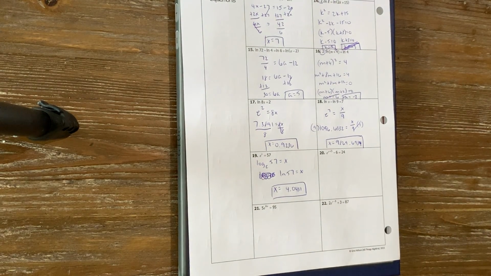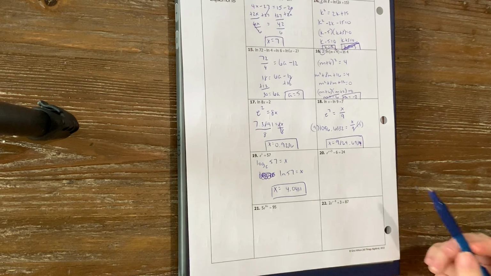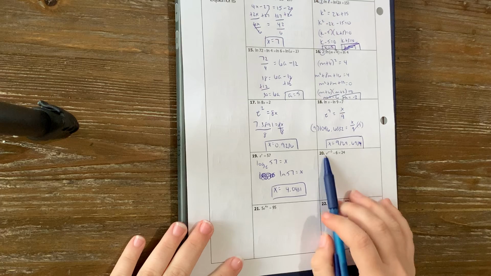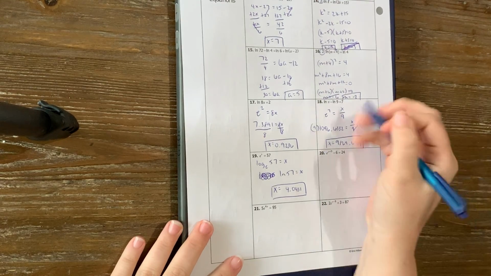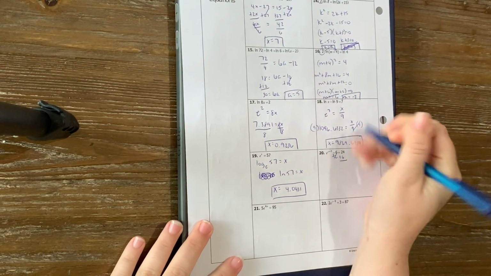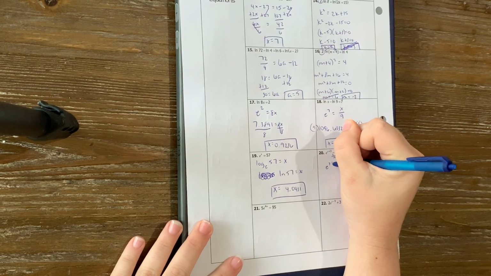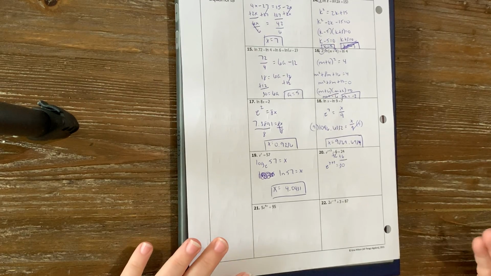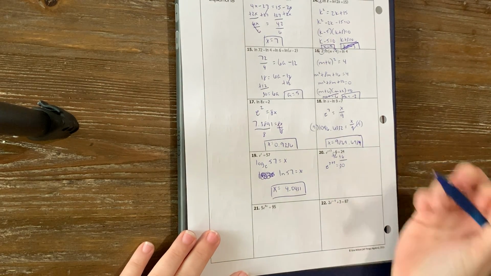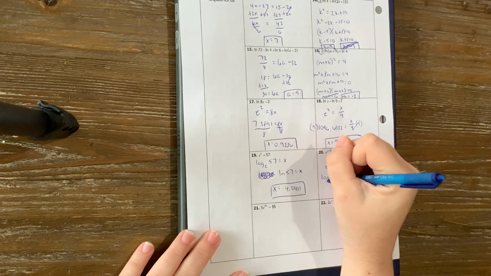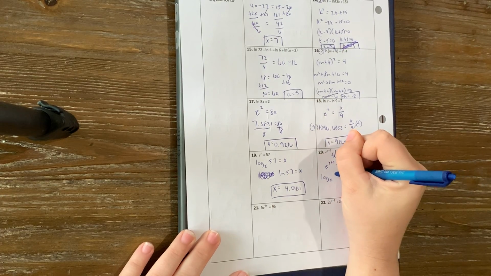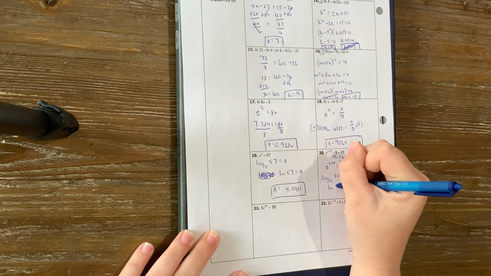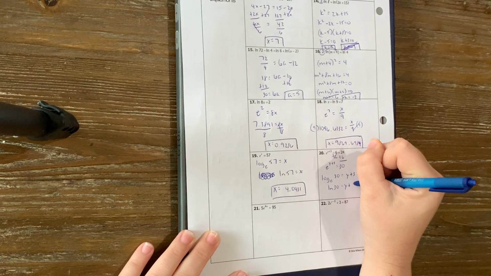Okay, number 20. Well, first you always want to isolate the exponential part of it. So we want to add the 6 over to the other side. So we have e to the power of y plus 3 equals 30. Then that turns into log base e of 30 equals y plus 3, which is natural logarithm of 30 equals y plus 3.